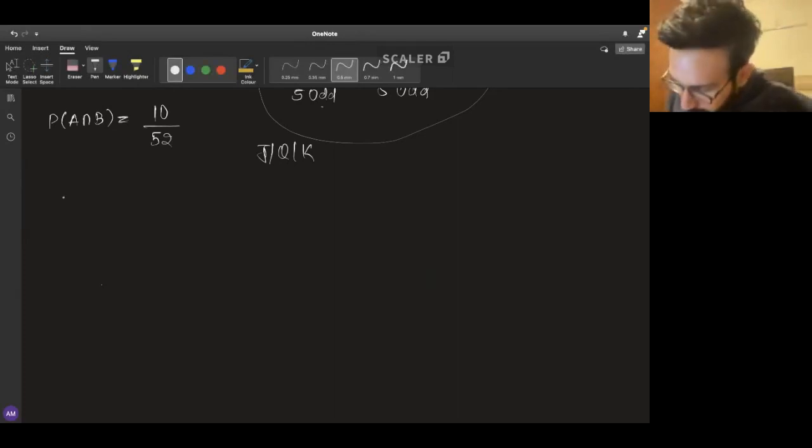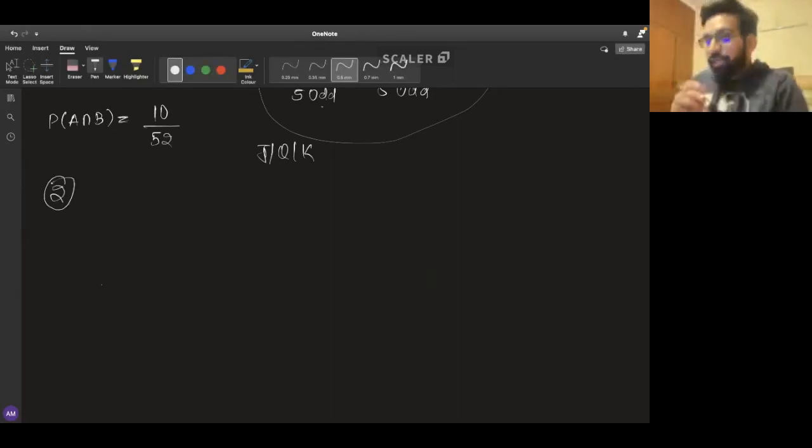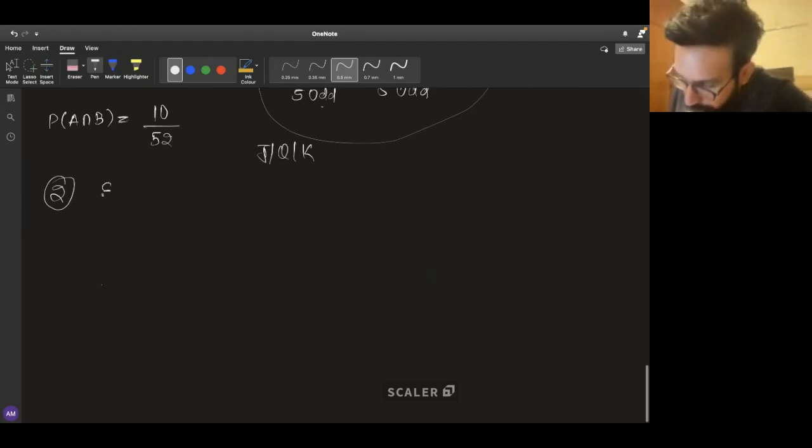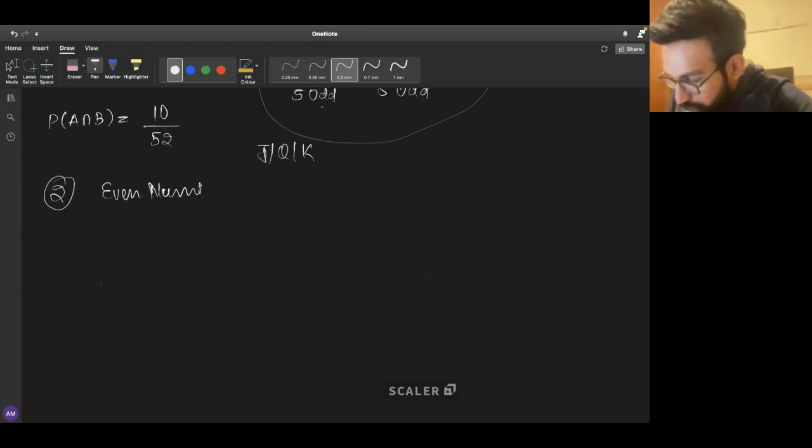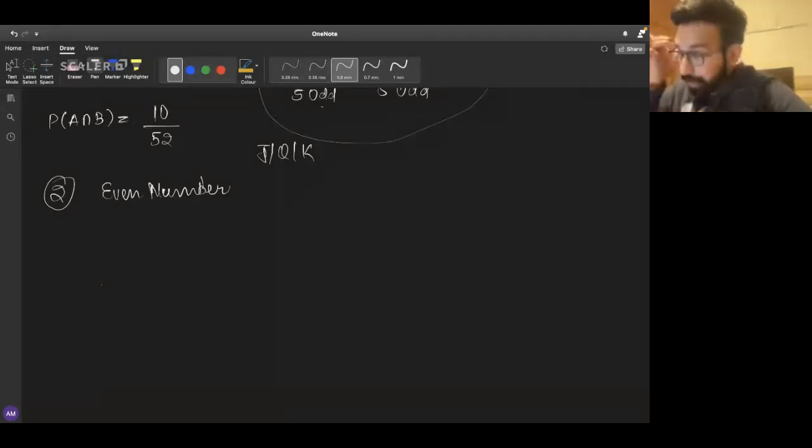Okay, so let's talk about our second example. Here you are now interested in knowing your chances of winning if you go ahead with an even number. But let's make it a little more interesting.